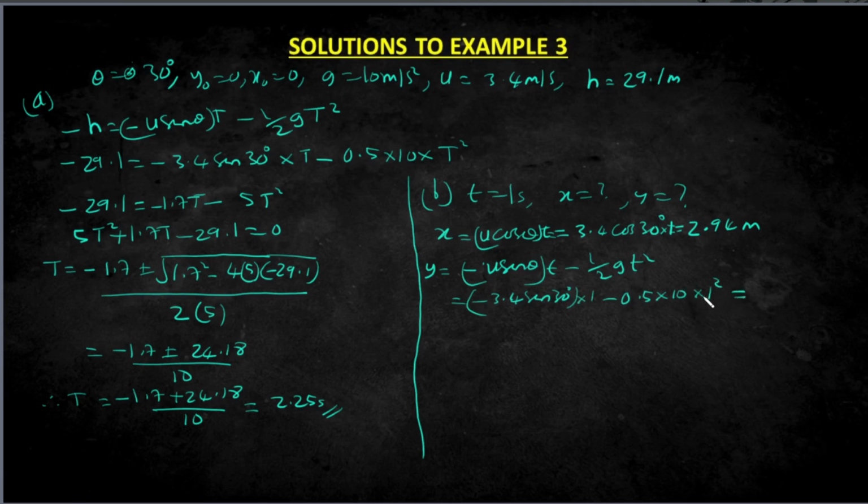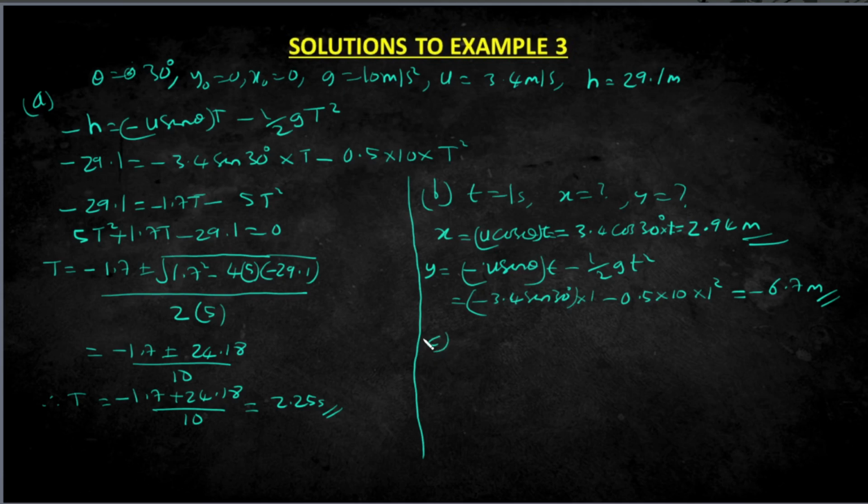If you simplify all this, your value of y is going to be minus 6.7 meter. The minus means we are in downward motion. So this is the value of the y, this is the value of the x. So this is the position of the object at any time, 1 second.